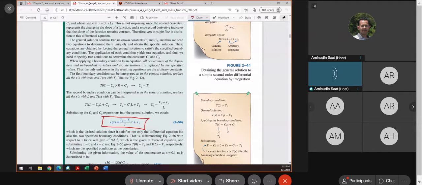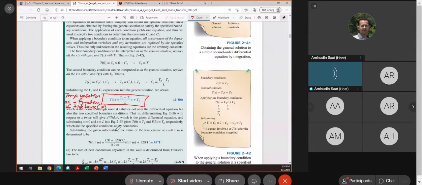Sometimes I call this the temperature variation as a function of the wall thickness x, if you want to put a more detailed statement. The temperature variation as a function of the wall thickness x.